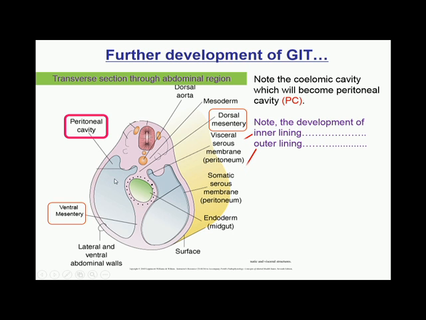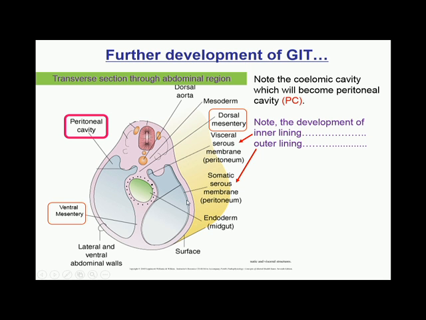Now, in the peritoneal cavity, there's the inner lining and the organs which are developed from the splanchnic mesoderm, and the outer lining, which is developed from the somatic mesoderm.